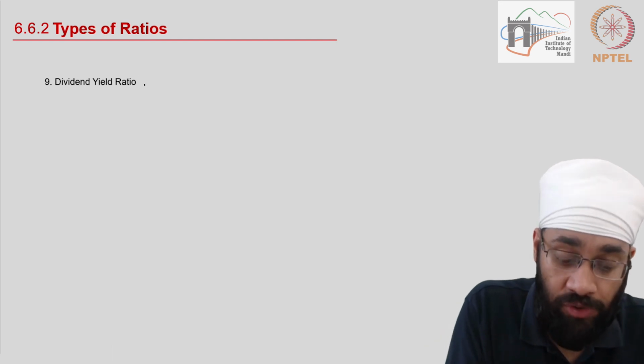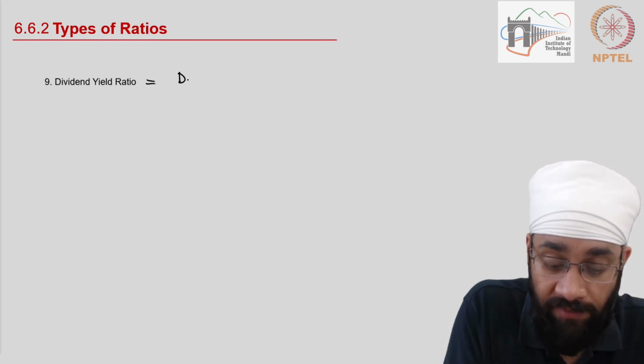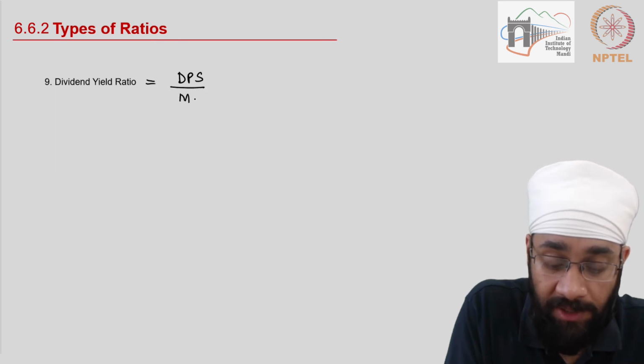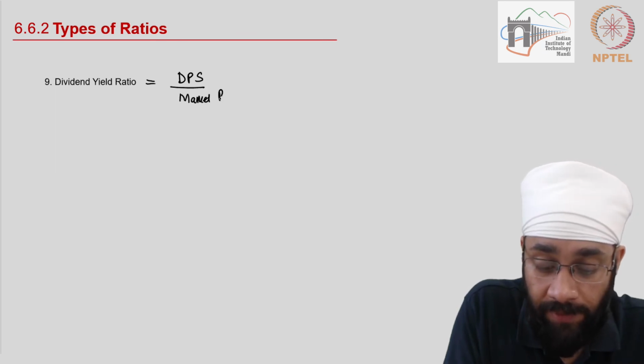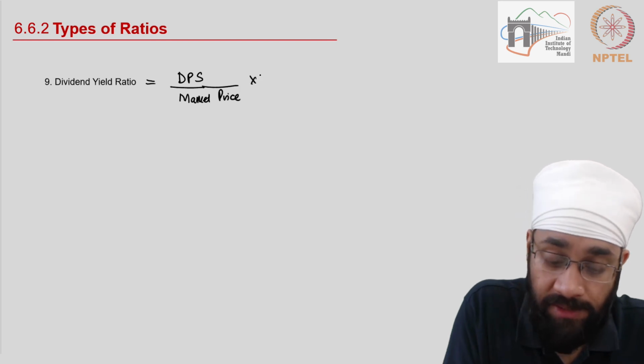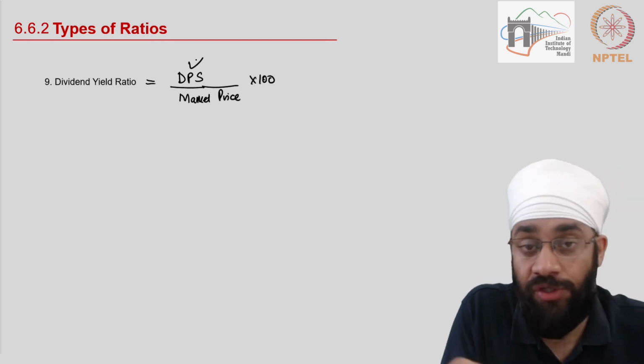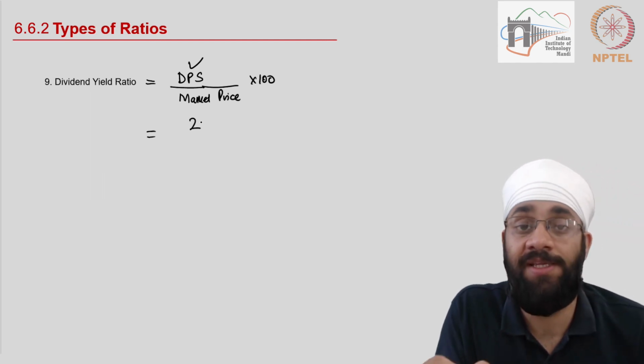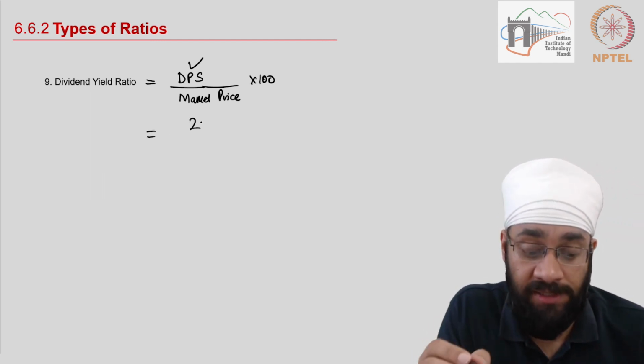Dividend yield ratio is equal to dividend per share divided by the market price of the share, into 100. Dividend per share, we just discussed. Let's say 2 rupees per share is being distributed as the dividend.